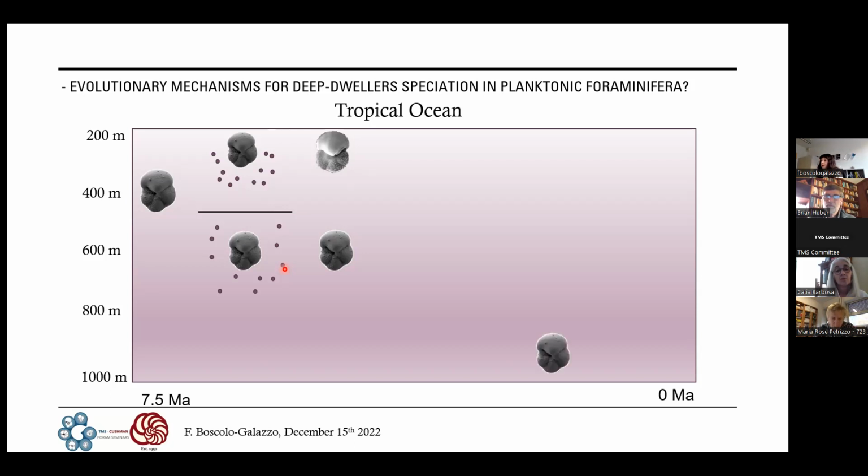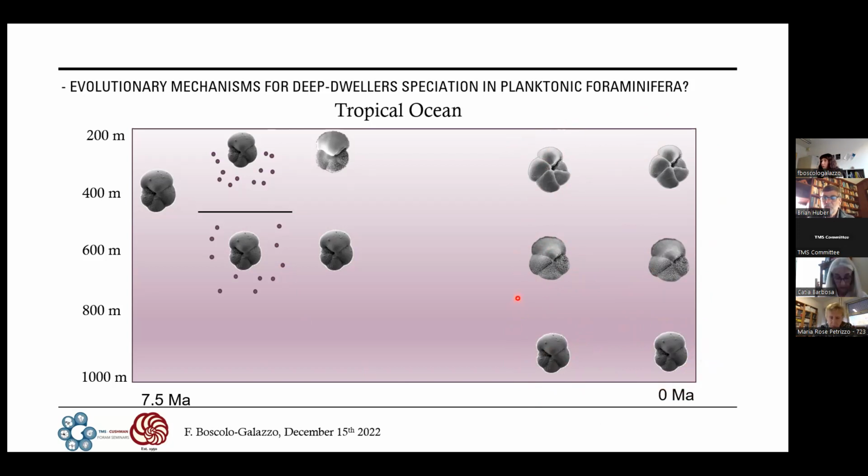So moving on with time, Hirsutella scitula sinks further down the water column and new species appear at shallower depth. These are the modern Hirsutellids, Hirsutella theyeri and Hirsutella hirsuta, that together with scitula represent the modern Hirsutellids. And based on observation in the modern ocean, these two species are still deep dwelling species, but they occupy a shallower depth habitat than Hirsutella scitula.